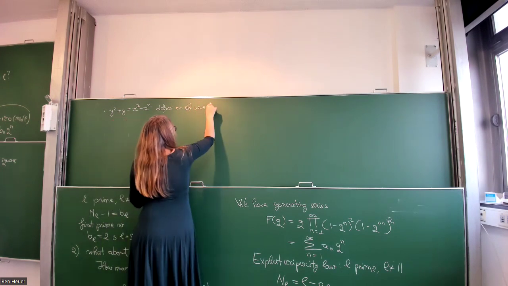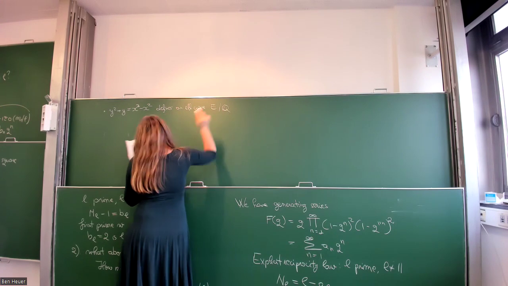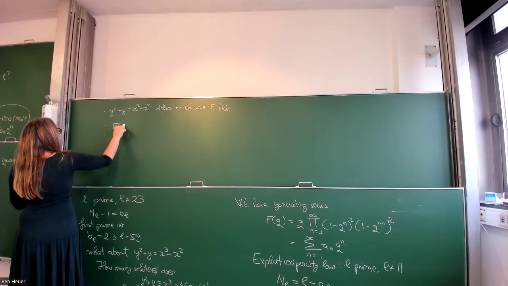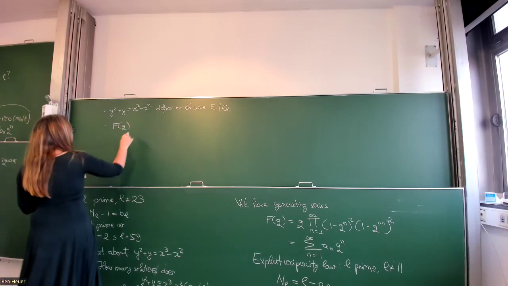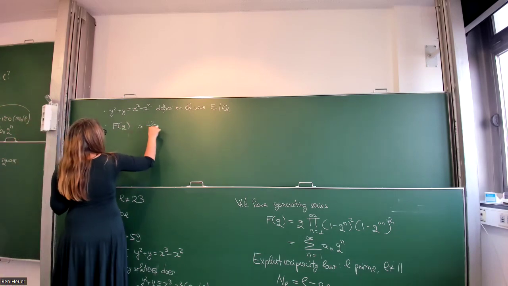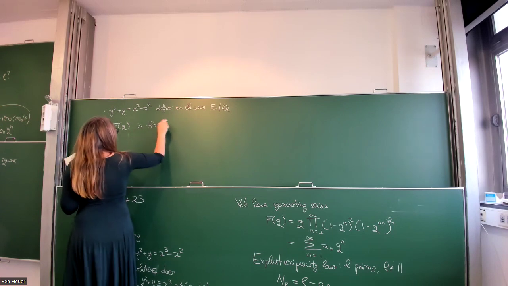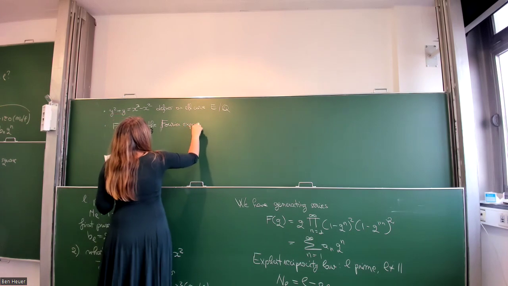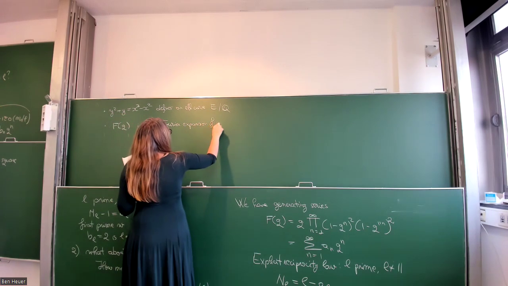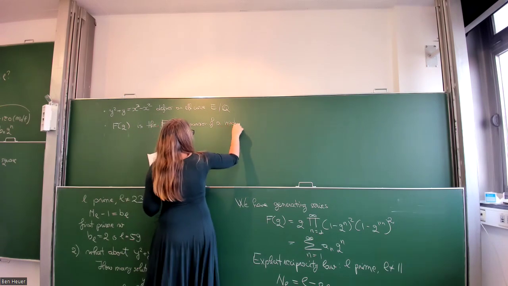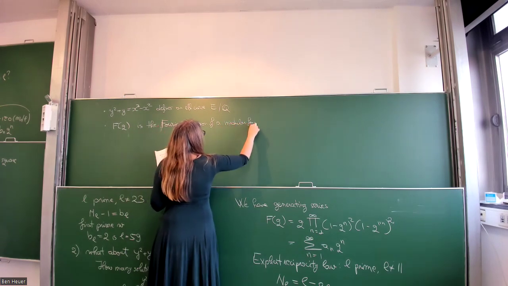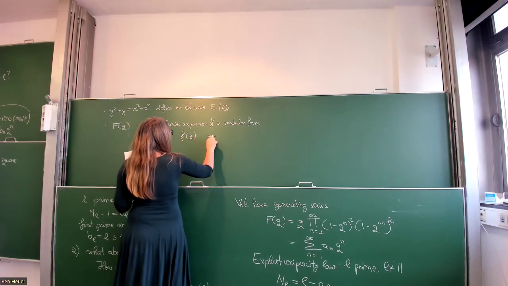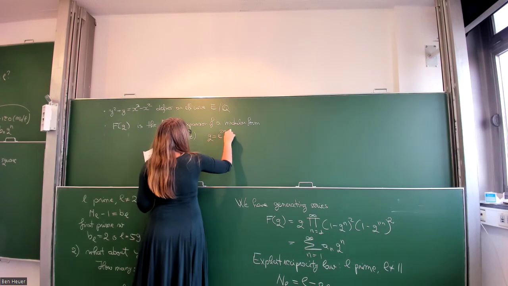Okay, you have to projectivize. f(q) is the Fourier expansion of a modular form f(z), and here I take q to be e to the 2 pi i z.